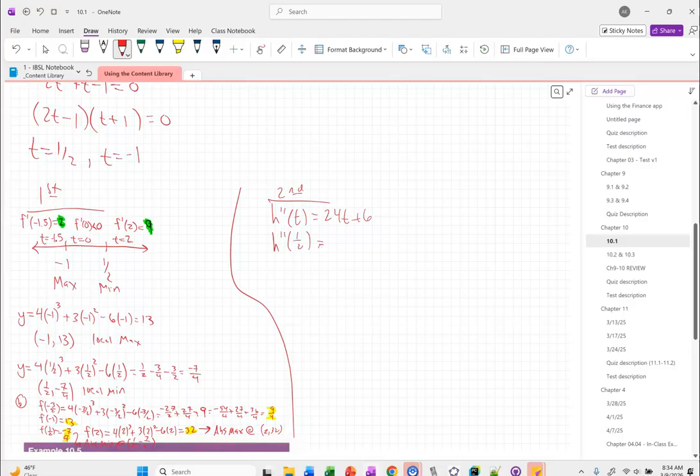Now, what do you plug into that? The second derivative. Oh, okay. So 12 plus 6, that's 18. Since that's greater than 0, I know this is a local min. Plug in -1, that's going to be -18. So that's a local max.